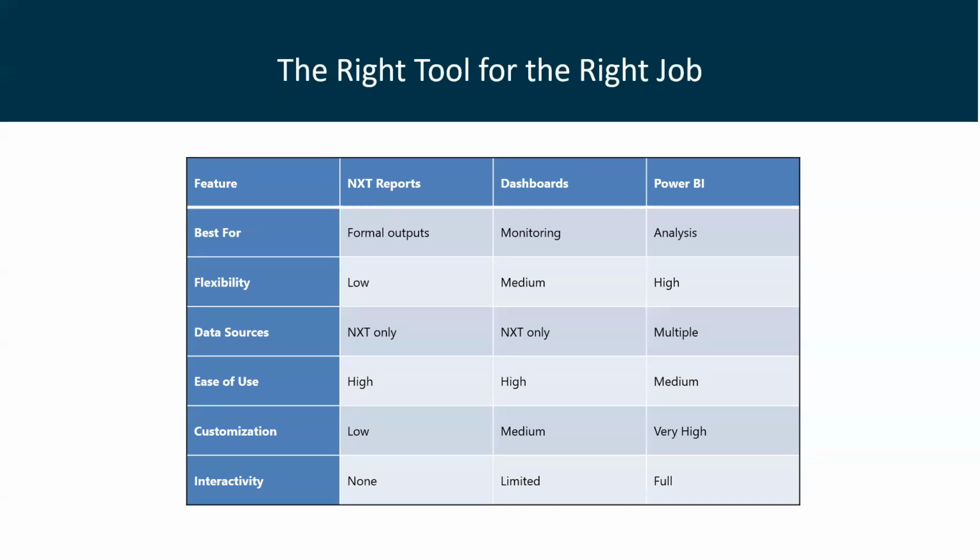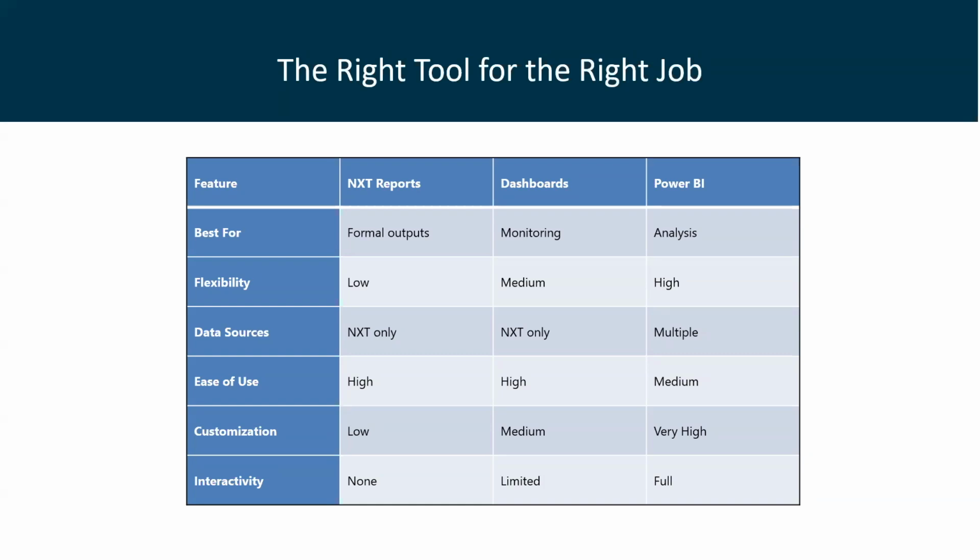The data source is NXT only, so your database only. The ease of use is pretty high. Actually, they're not hard to use. So if you're just looking for a clean, formal report, this is your go-to. Customization, just like flexibility, is low. You can maybe tweak some colors, titles, and some column layouts, but the customization is fairly low.